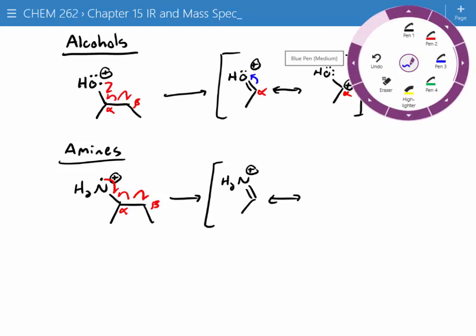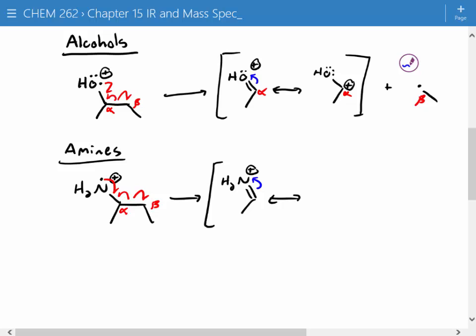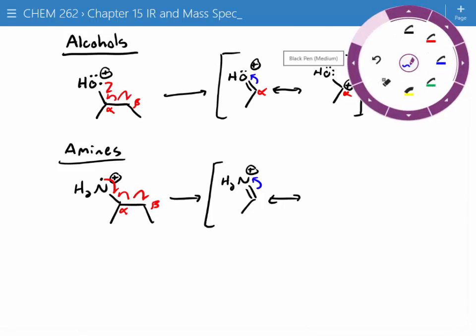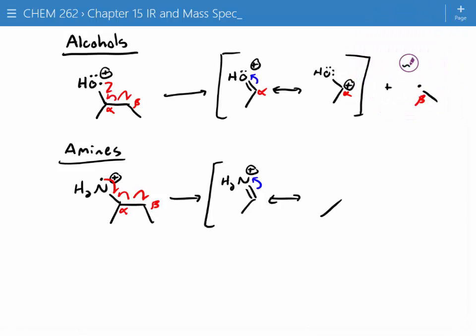This can delocalize where this pi bond can hop up to the nitrogen. And just like with the alcohol, we've moved that positive charge over to the alpha position. And in this case, we've ejected an ethyl radical.